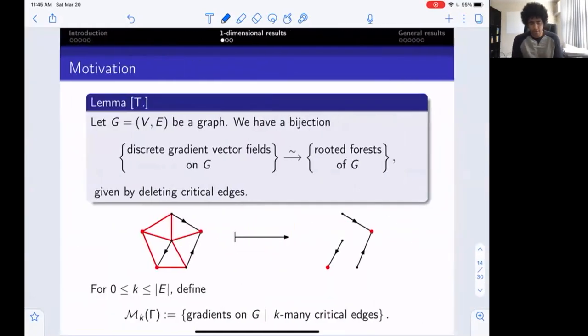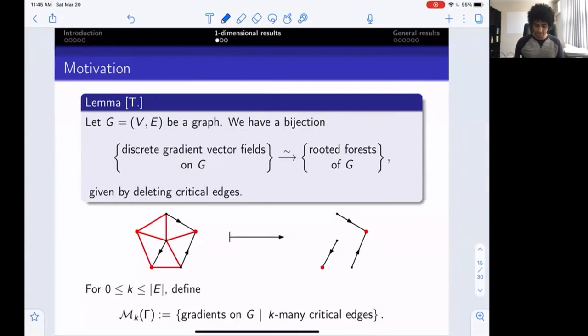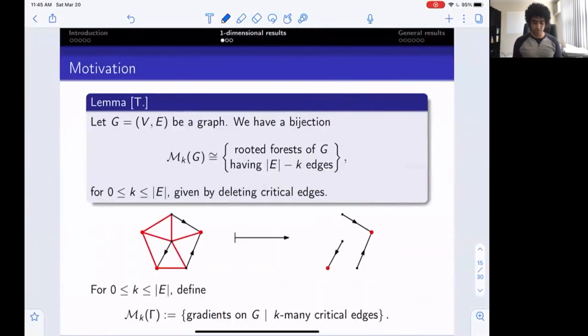If we partition our set of gradients into the ones having k-many edges, we can rephrase this lemma as saying that this set on the bottom is in bijection with rooted forests having e minus k-many edges. I'm sure it might seem a bit silly that we went through the trouble of reformulating it in what seems to be a more messy way.